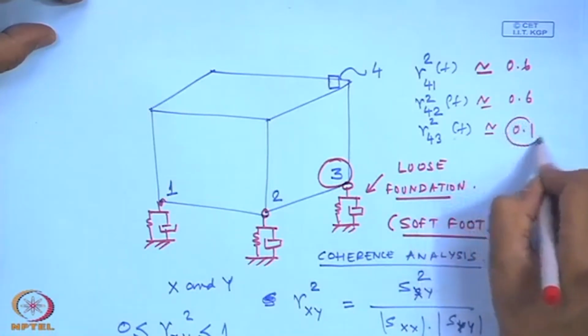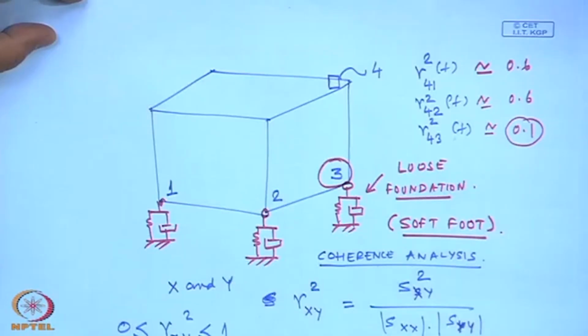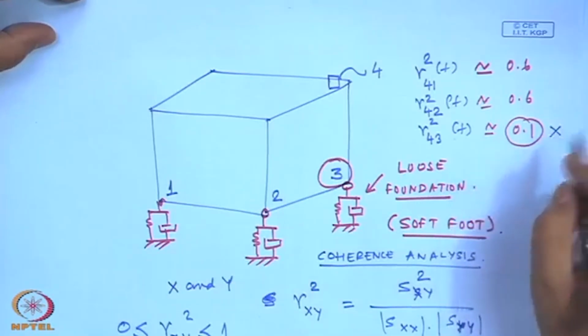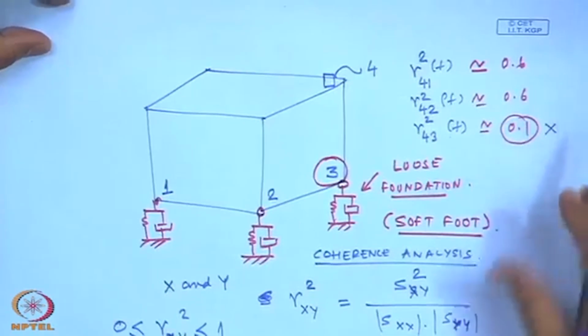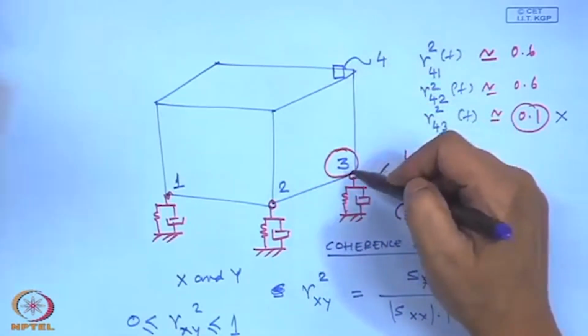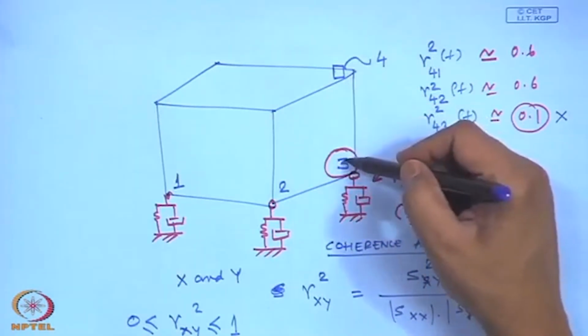So, this gives us an indication that something is wrong with this machine, this foot, and that 4 is not producing a coherent signal because of 3.